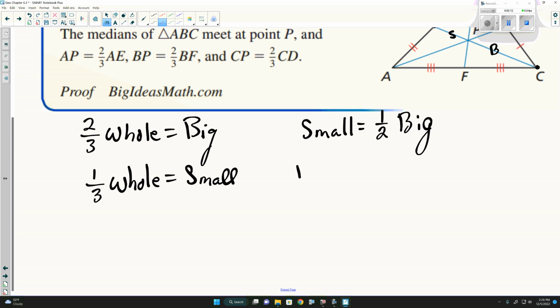We can also say that the big is equal to twice the smaller segment. So really, if we have one of these three segments, we can find the rest. Any questions on any of this here?